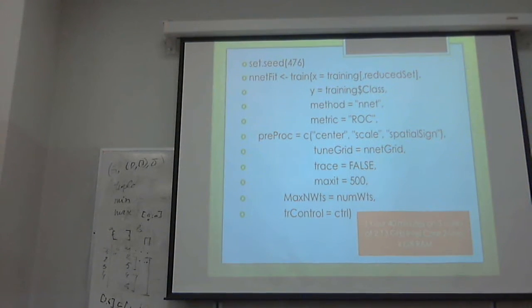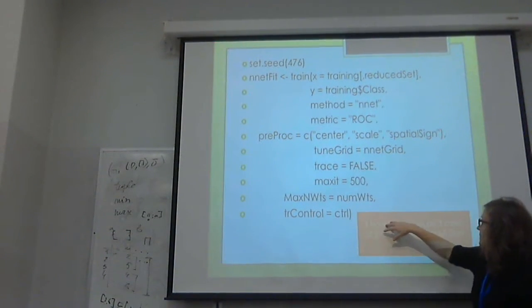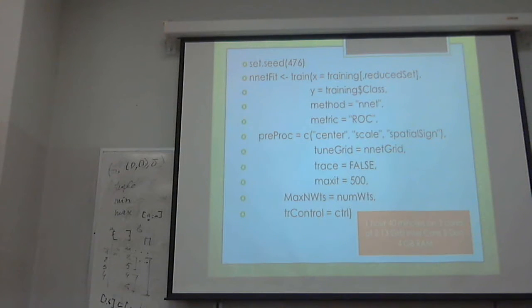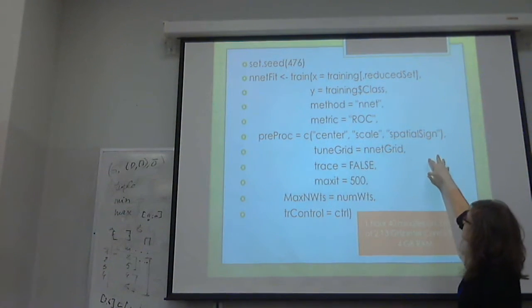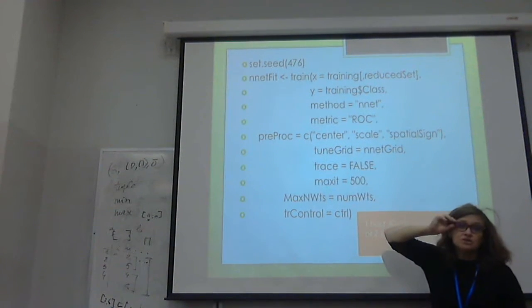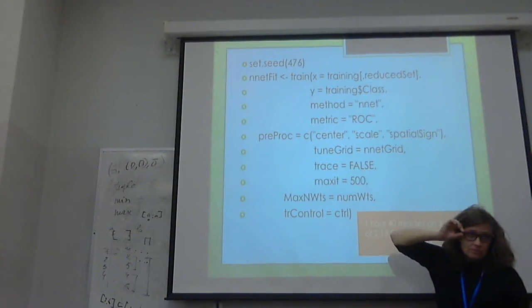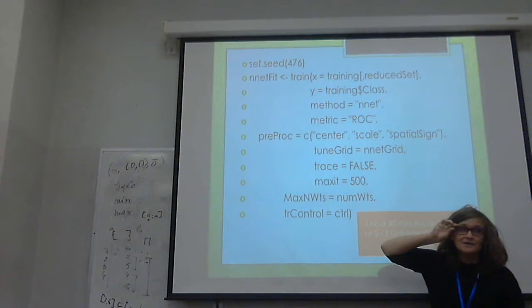And this is how the model looked. This is a train. This is how I ran the train, just with one parameter. Just with one parameter, it still took 1 hour 40 minutes. And we did centering, scaling, and spatial sign transformation. Who remembers what the spatial sign transformation is for? Who remembers what we do with the spatial sign? No clue?